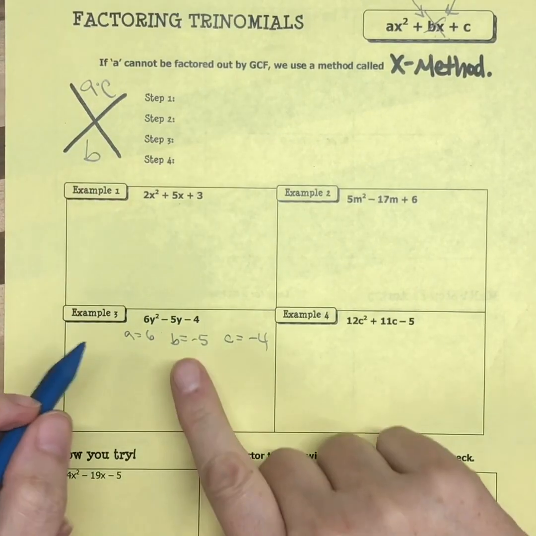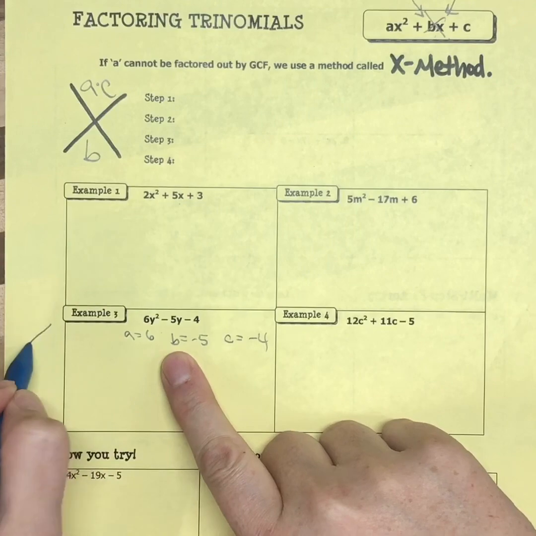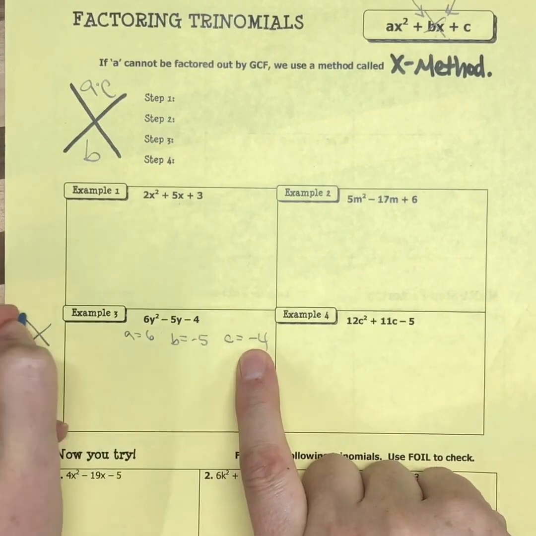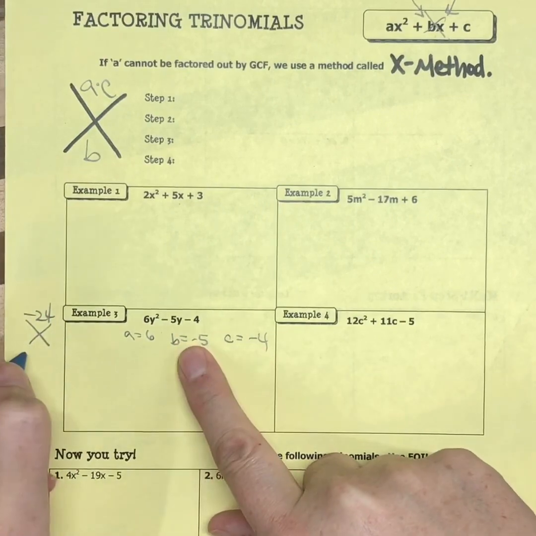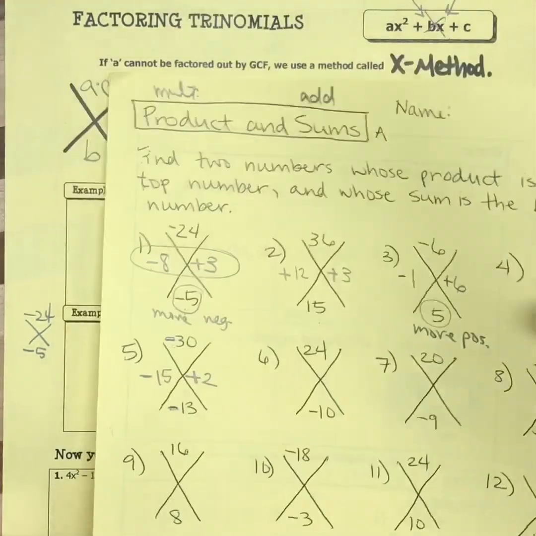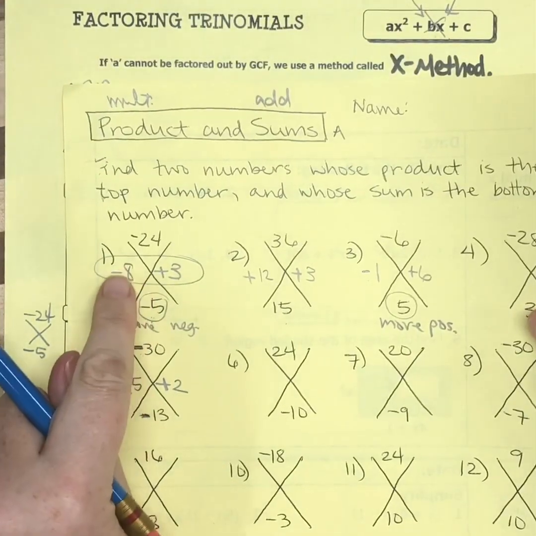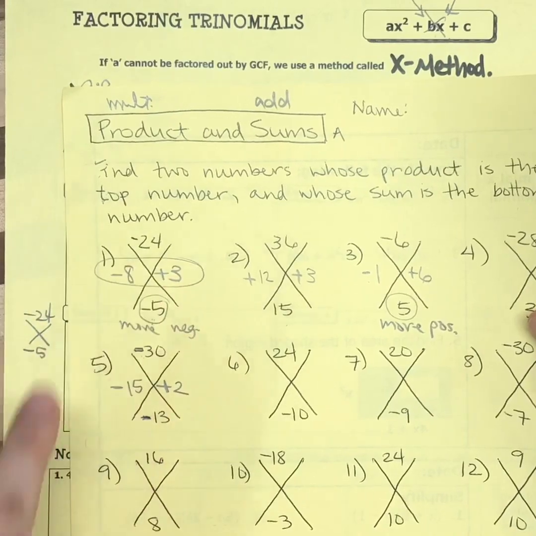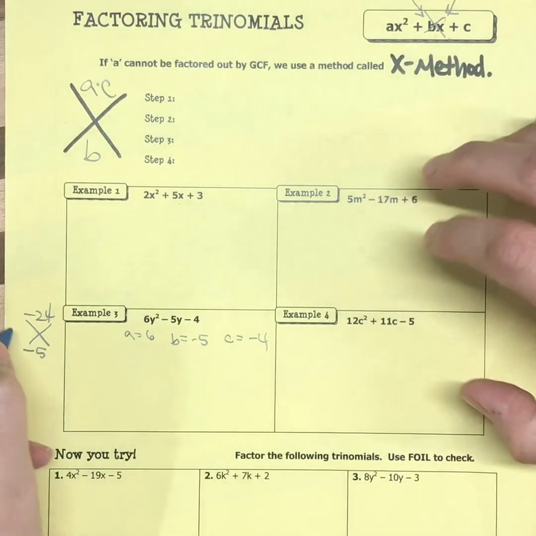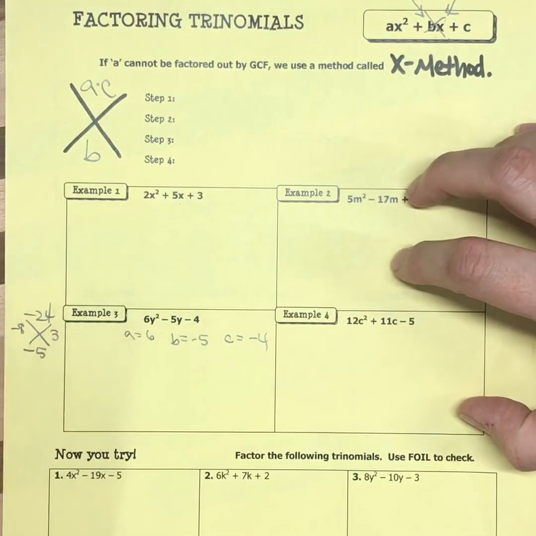Okay. So in this case, when you set up your x, your a times c is -24, and the sum is -5. So we need, actually we did that, well, off camera. But -8 times 3 is -24, and they add to -5. So these are our 2 new middle terms.